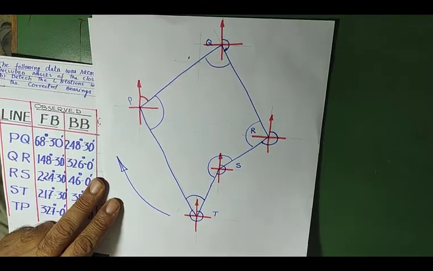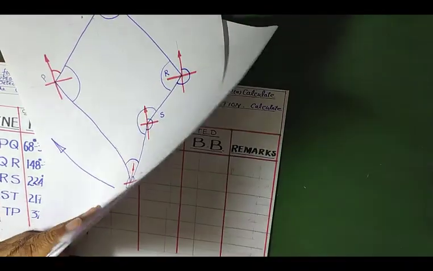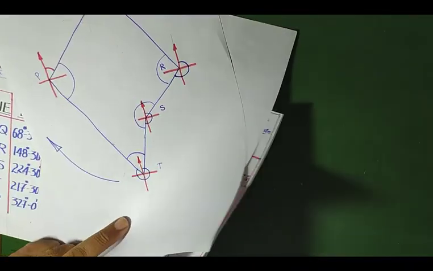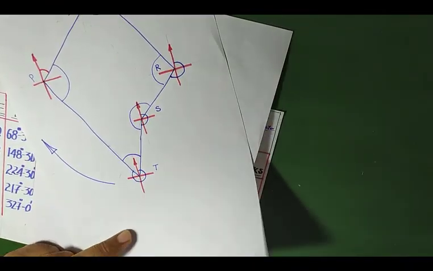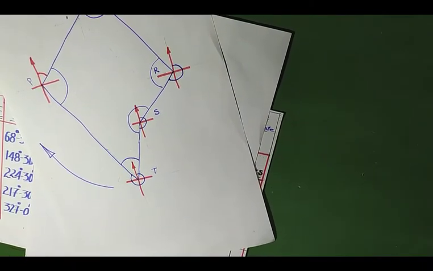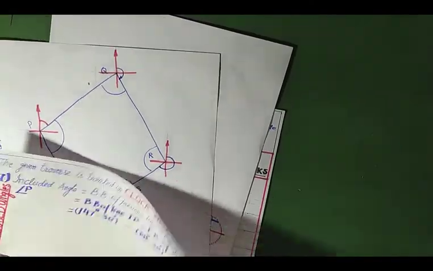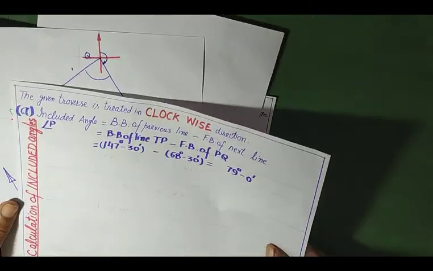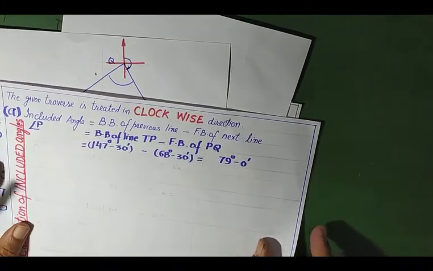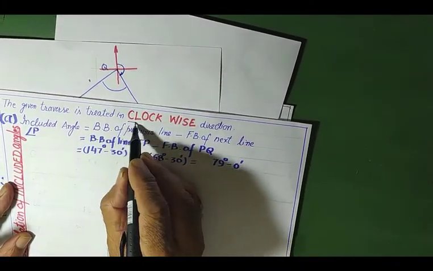So when we are going to treat the traverse in the clockwise direction, then there is a very important calculation. So you can see this calculation of included angles. I will help you with this sketch. So you will remember, the given traverse is treated in the clockwise direction.